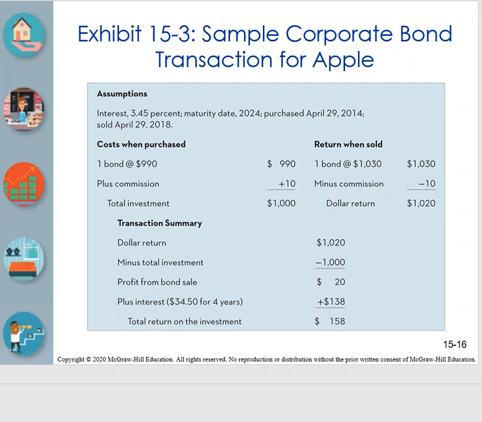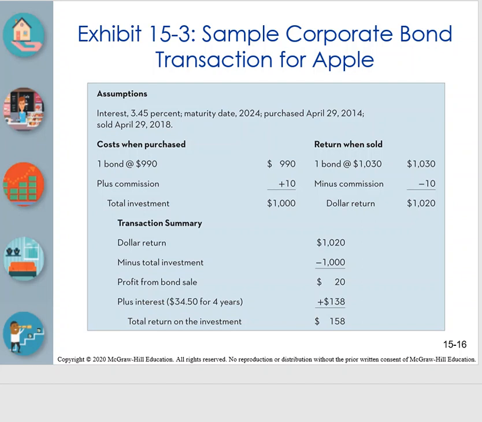So let's look at the costs when purchased. Okay, you purchased a bond here and you got it for $990 plus $10 commission, so it was a $1,000 purchase. Then when you sold it for $1,030 minus your commission, you got $1,020 when you sold it.